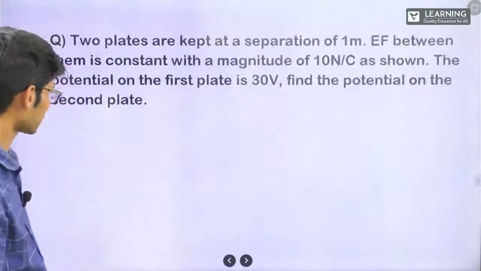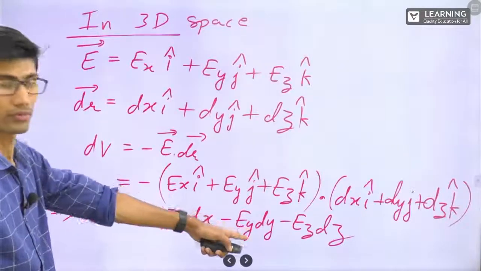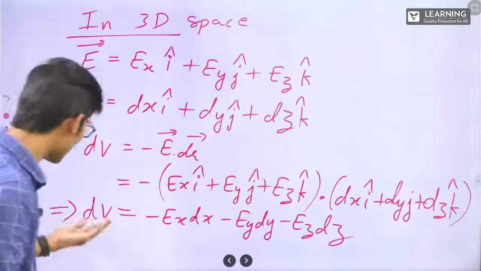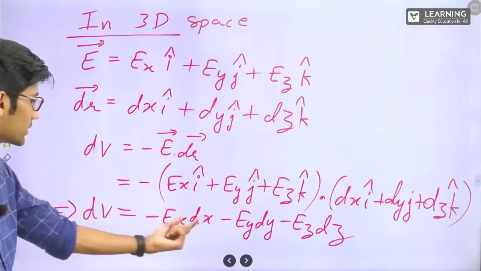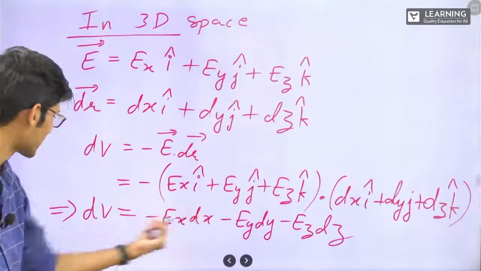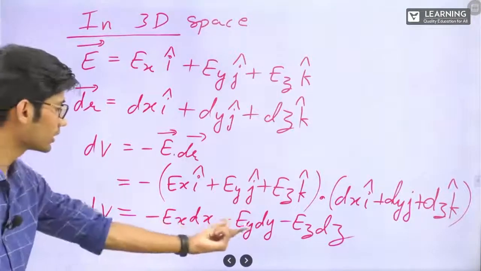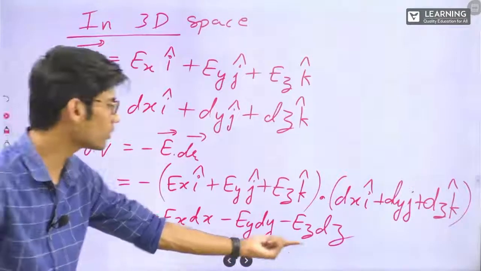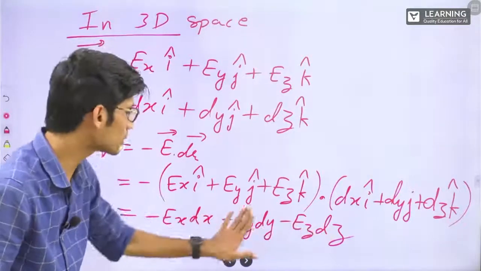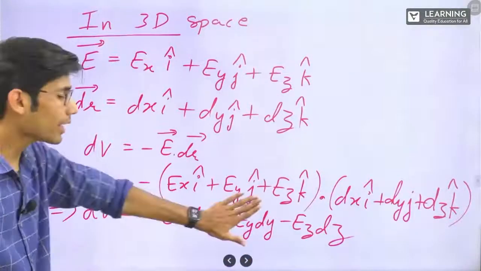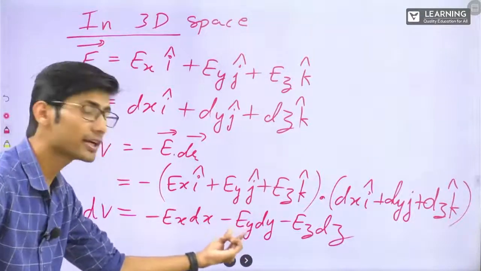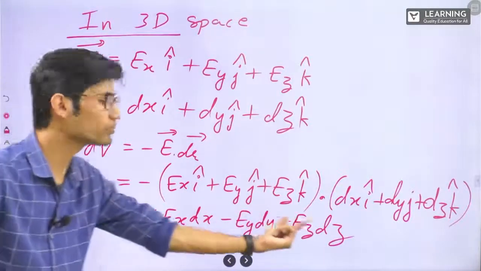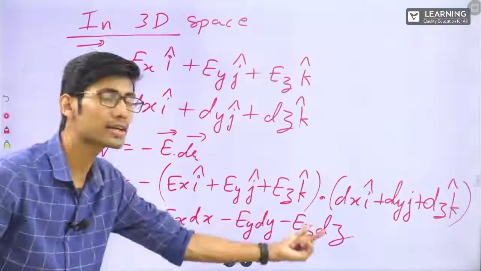See here. Because if I am differentiating this with respect to x, keeping y and z constant, this will be Ex dx. Here y is constant, dy will be 0, z is constant, dz will be 0, these two will become 0, right? When I am differentiating with respect to y, here we'll get minus Ey. These other two will become 0, because x is constant, z is constant.